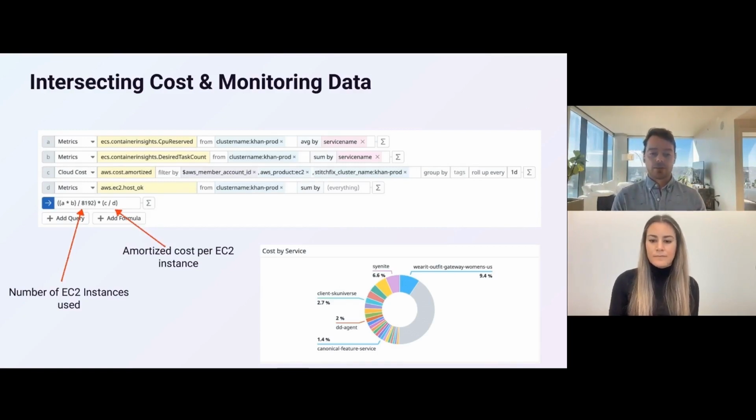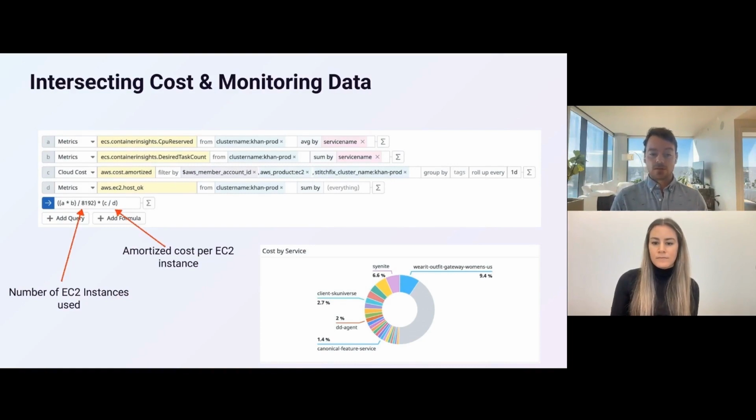At a high level, at the start, I mentioned we have tons of services, but as a platform, we only have a few shared clusters. So how do we infer how much a particular application or team is spending in a large shared compute cluster? In this particular example, you can see we have ECS, EC2, and cost metrics in one formula.